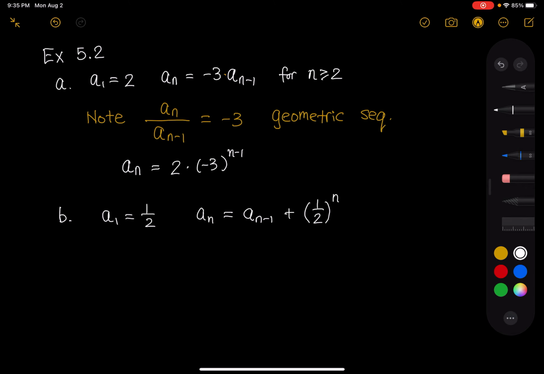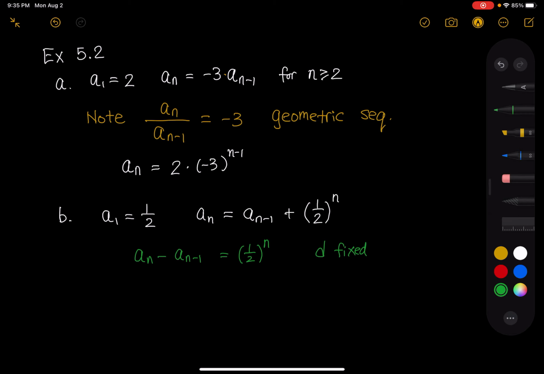When we do a_n minus a_(n-1), we get 1/2 to the nth power. It is not a fixed number d. d is always fixed, meaning it will be 1, it will be 2, but it cannot be 1/2 raised to the nth power.